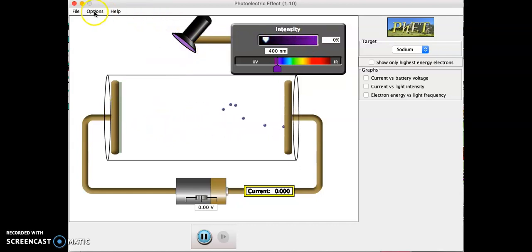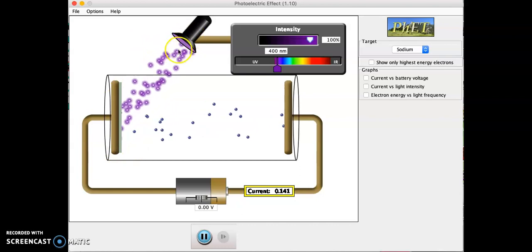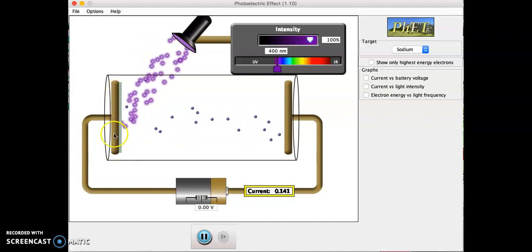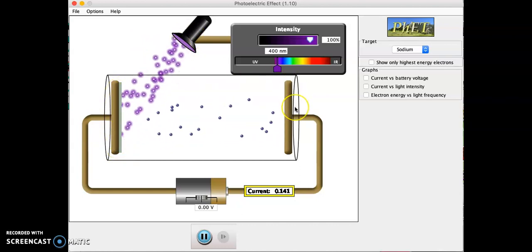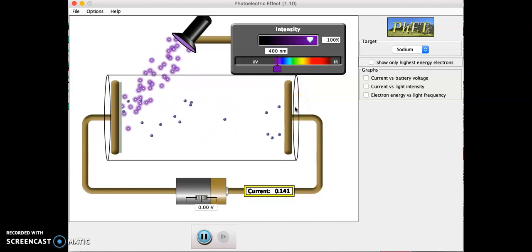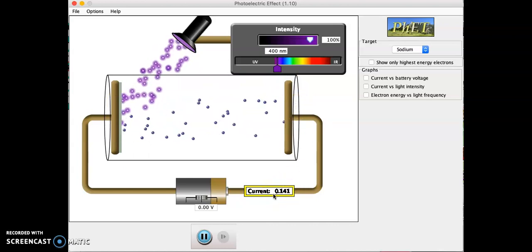But we can also put on photon view. And so we see that a low intensity means fewer photons are hitting this metal, and high intensity means a lot of photons hitting this metal. And the more photons you have, the more collisions could knock an electron off that metal to complete the circuit and send a current through.